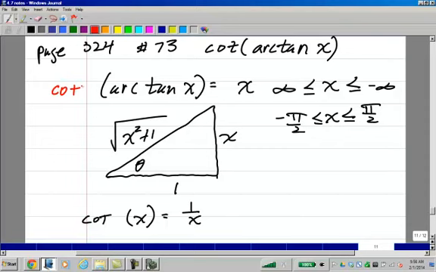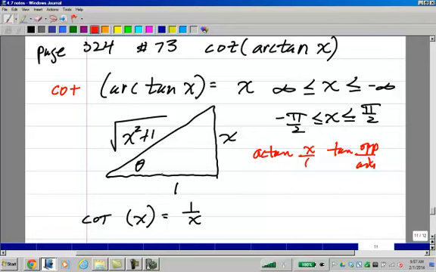Okay, now let's construct the tangent of x. All right, so we have the arctan of x over 1. So let's consider that. Okay, the tangent equals opposite over adjacent.